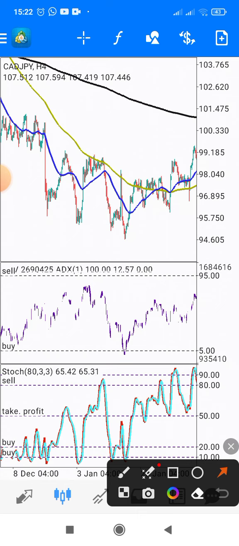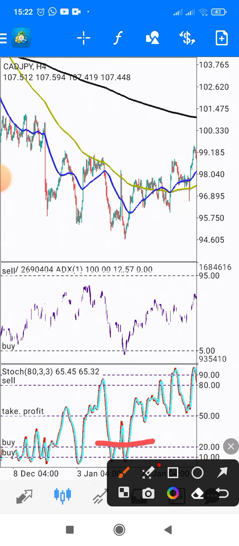We are supposed to enter the market when the stochastic has gone to 10, then it is coming back to level 20. There is where we enter. At level 20, we enter the market because now we are sure the market wants to go higher.